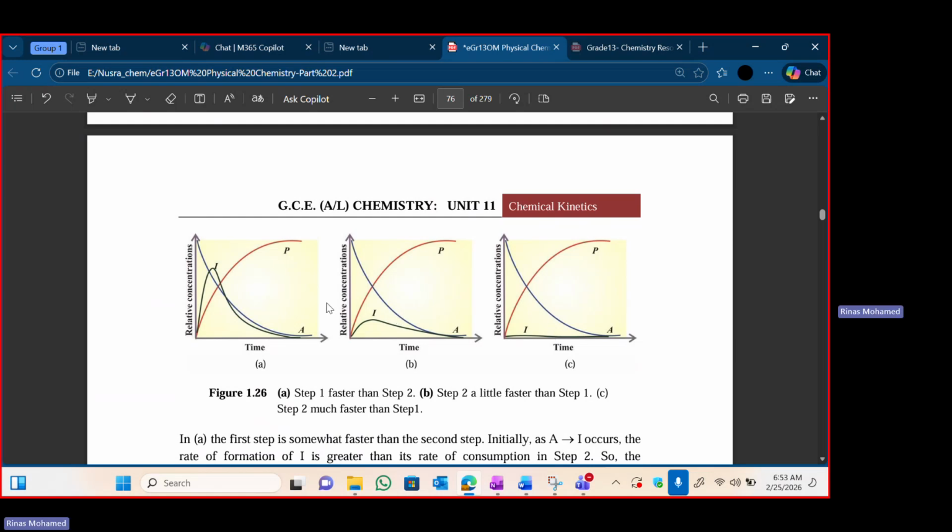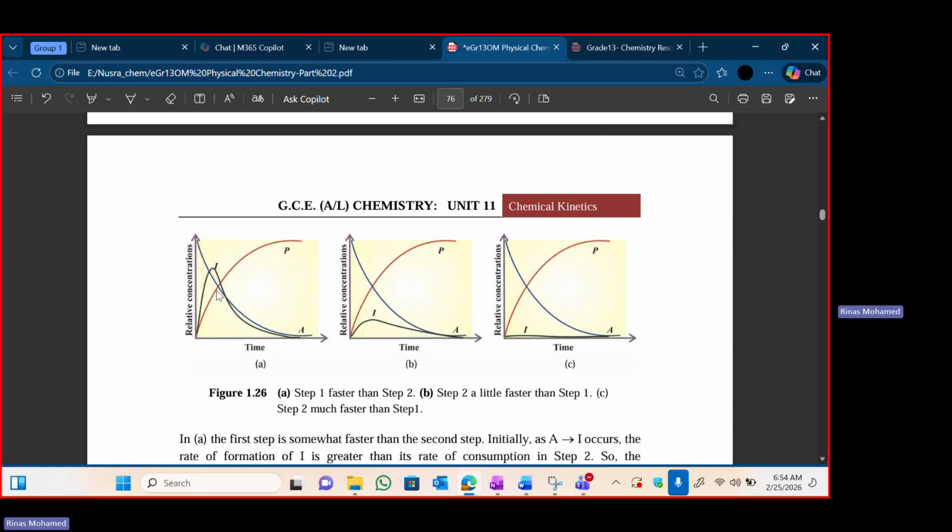Right? They have given you the relevant intermediate concentration for 3 different types of reaction mechanisms. But the reactant concentration and product concentration will change the same way for all three graphs.